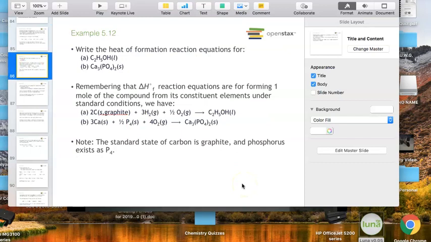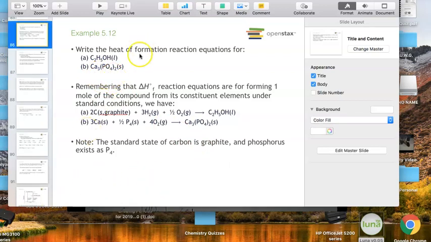All right, here's the next example where we're going to write the heat of formation reaction equations for C2H5OH, or ethanol, and then for calcium phosphate. We're going to try to write the heat of formation reaction for the production of ethanol and calcium phosphate.